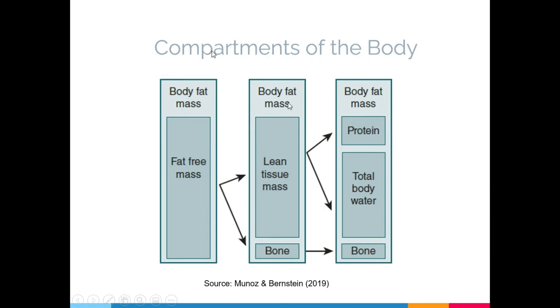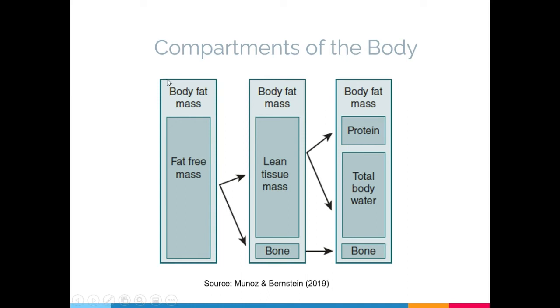So kani actually mao ni siya ang body composition, mao ni ang body compartments. We have the fat-free mass, the body fat mass, and then yeah, kani two compartments, kani three compartments, kani four compartments. So kumbaga mao ning three different kinds of models na of the body, the two compartment model, the three compartment model, and the four compartment model.